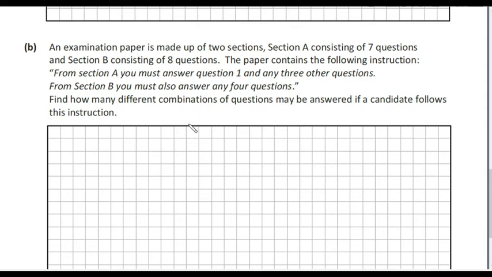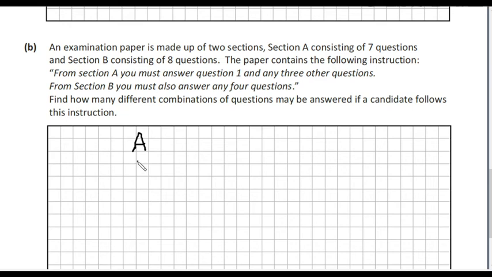So in section A we've only got 3 choices to make. There's a total of 7 questions, but we must answer question 1. So really we're choosing from 6 questions from section A. So from section A, we've got 6 choices and we've got to pick 3 questions.